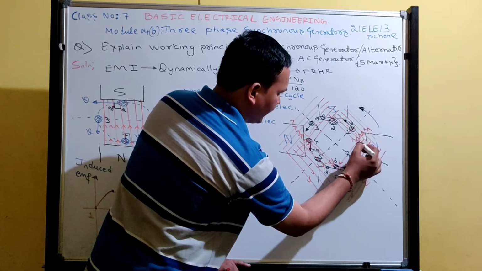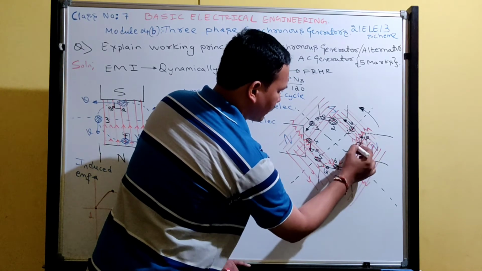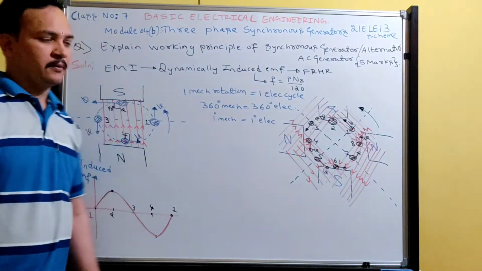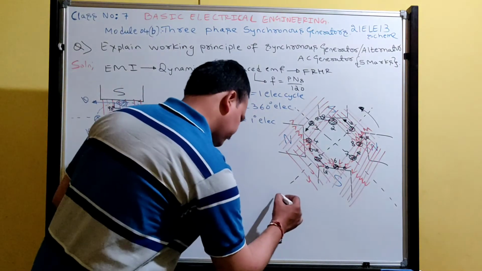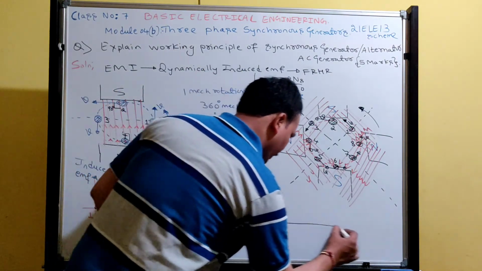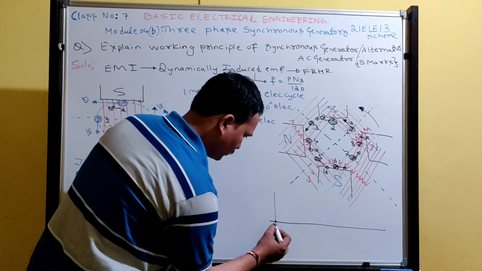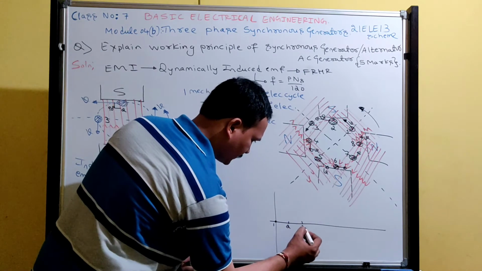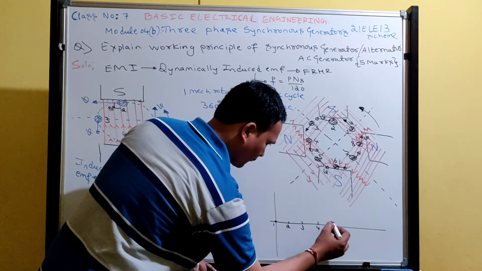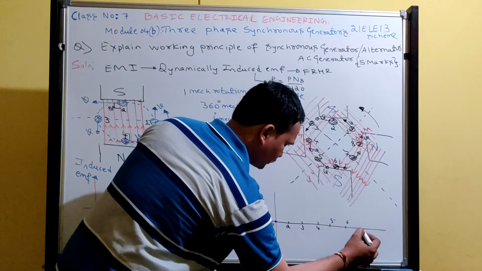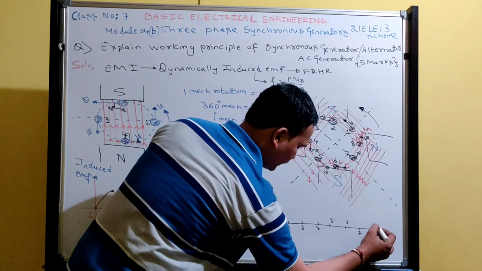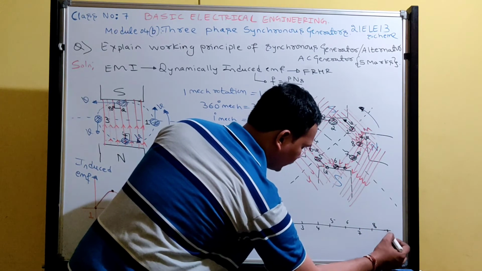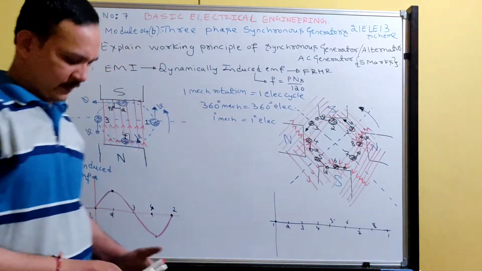Next is position 8, this is the velocity. Now look here, I am going to write all the positions here: position 1, 2, 3, 4, 5, 6, 7 and then 8. After 8, again it becomes 1.